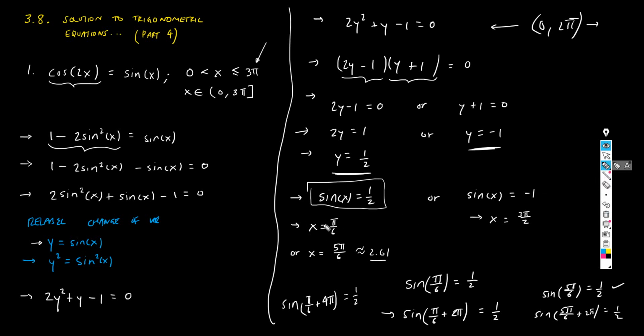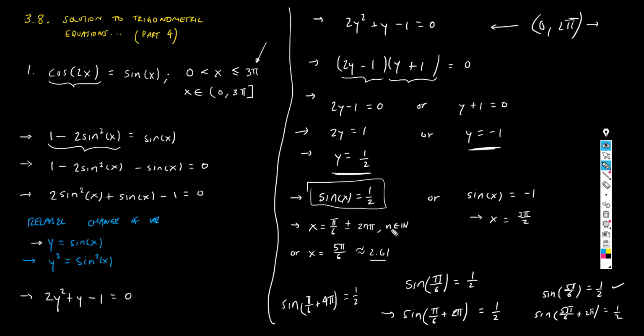This is the simplest solution, but you also get many more solutions by adding, or actually subtracting, which is the same but in the other direction, this value, 2n pi, for n an integer.